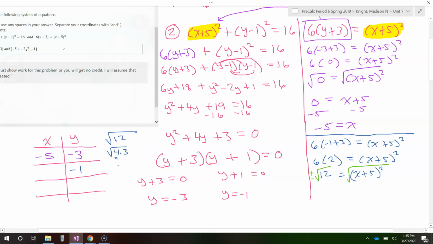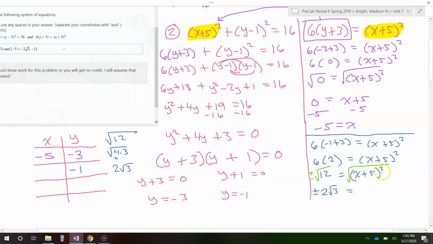But the square root of 4 is 2, so this will become a 2 on the outside of the radical. So radical 12 is 2 radical 3. That means I have plus or minus 2 radical 3.